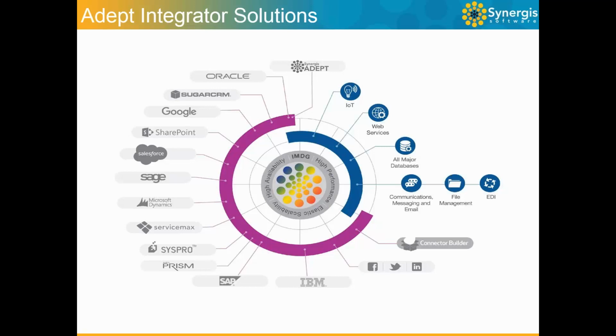Bringing supply chain closer together, bringing the field closer to you in terms of the integration, which you may need. And then, of course, we can do file management and then EDI and supply chain kind of integrations as well.